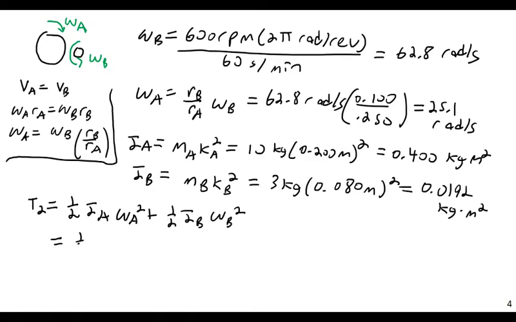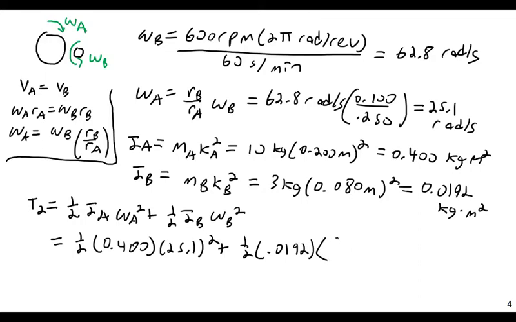This is equal to 1/2 times 0.400 kilogram meter squared times 25.1 quantity squared, plus 1/2 times our 0.0192 times our 62.8 radians per second, all of this quantity squared. I get that the total kinetic energy after this period of acceleration is 163.9 joules.